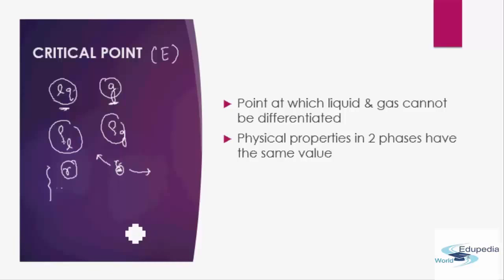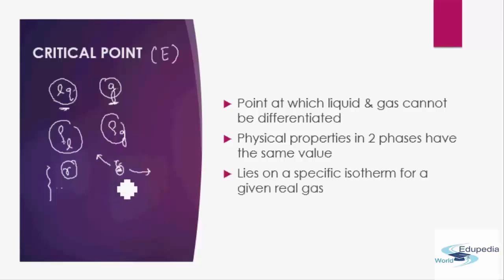So this point E mathematically is also the point of inflection. We won't go into detail of what that means, but we will look at some other terms. This point E lies only on a specific isotherm for a specific real gas. For CO2, point E lay on the isotherm which had a temperature value of 30.98 degrees centigrade.